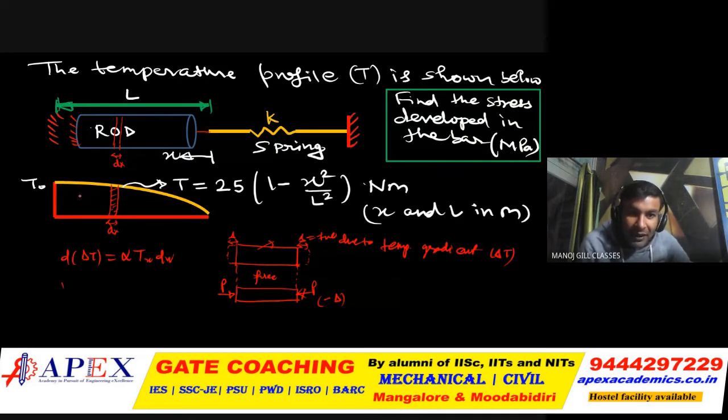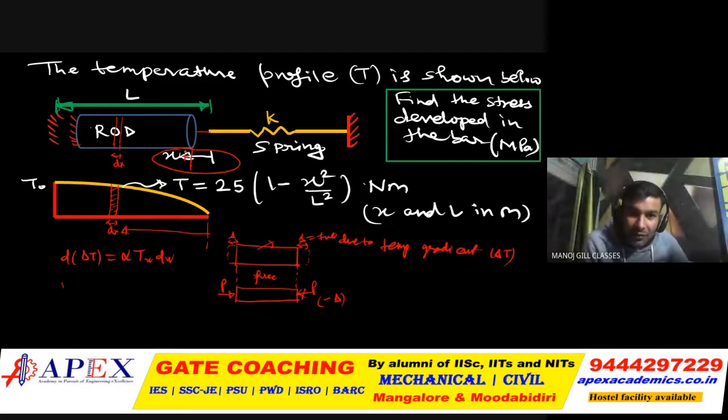Let us suppose you are taking it at a distance from this end, the free end, like this side. This is given like that, from this side. I have shown it like this in the PPT, I don't know why, but from this, you need to remember it at any cost.